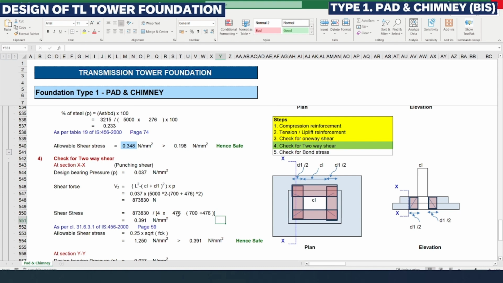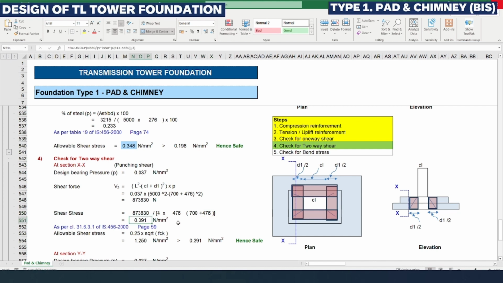The length we add is CL, the size of the column, plus 2 times D1 by 2, so it is D1. Again we are considering the effective depth which we calculated during our reinforcement calculation.